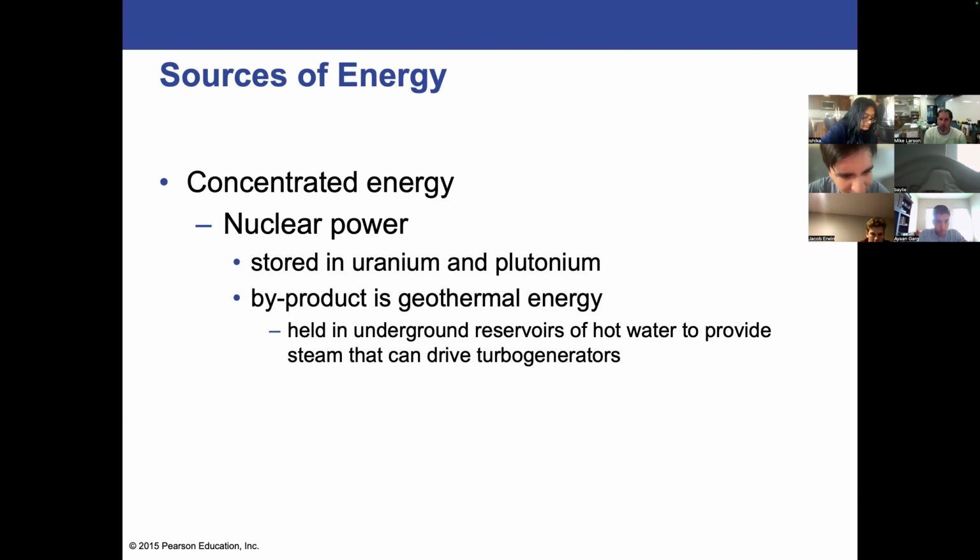It's stored in uranium and plutonium, which can be relatively hard to get, and they're super radioactive. That's why nuclear power is dangerous. But it's a really efficient way to generate electricity. Basically, they use the nuclear energy from these reactions to generate heat, which boils water, which turns a turbine, which generates electricity.